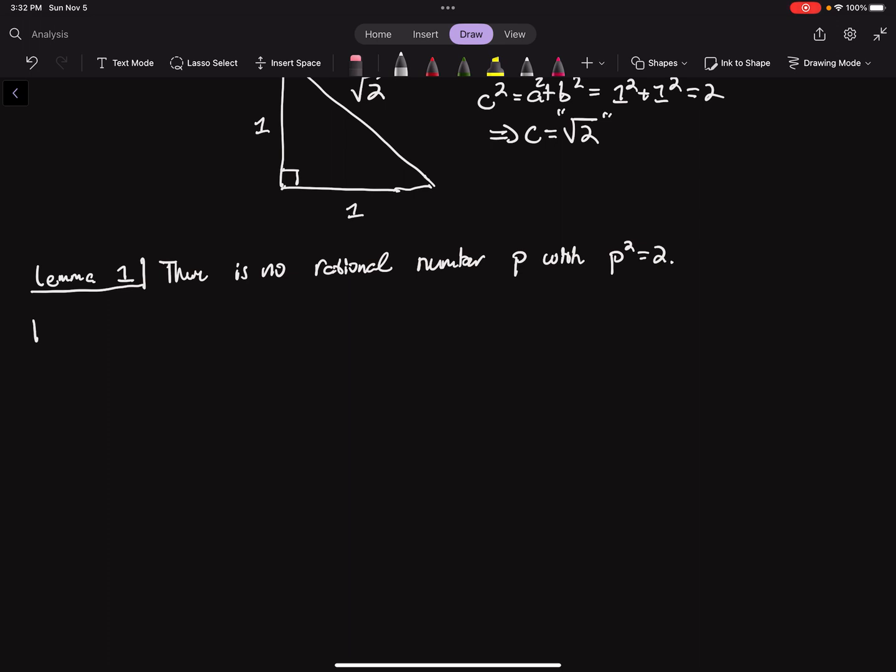Okay. And let's go ahead and prove this. This proof is due, I believe, to Euclid. Again, one of the Greeks. So let's actually suppose, for the sake of contradiction, that there is a rational p with p squared equals 2.